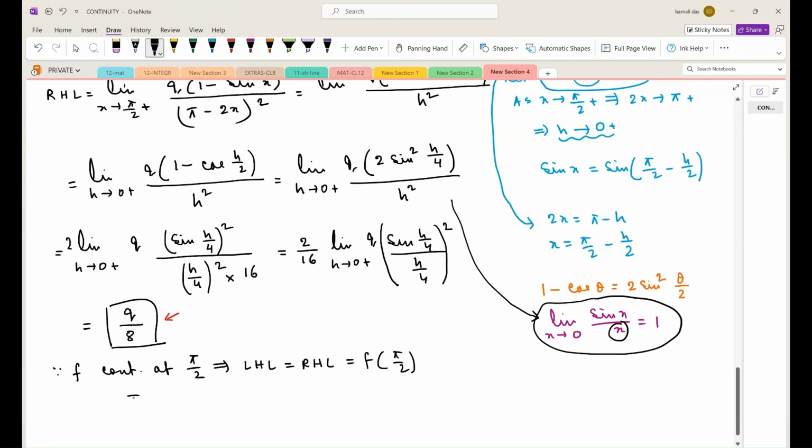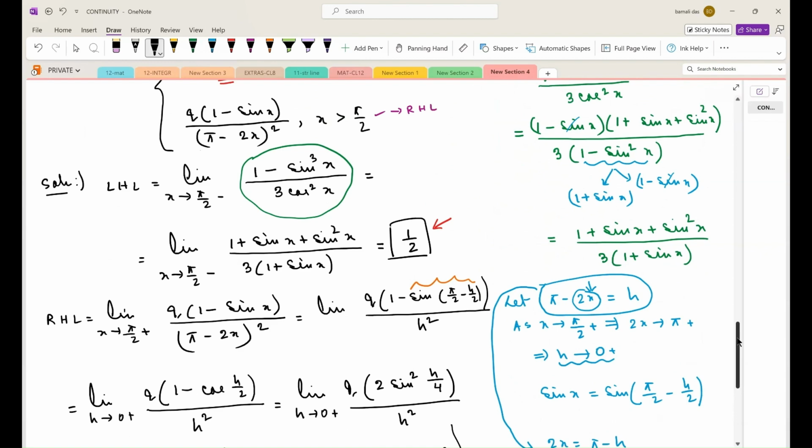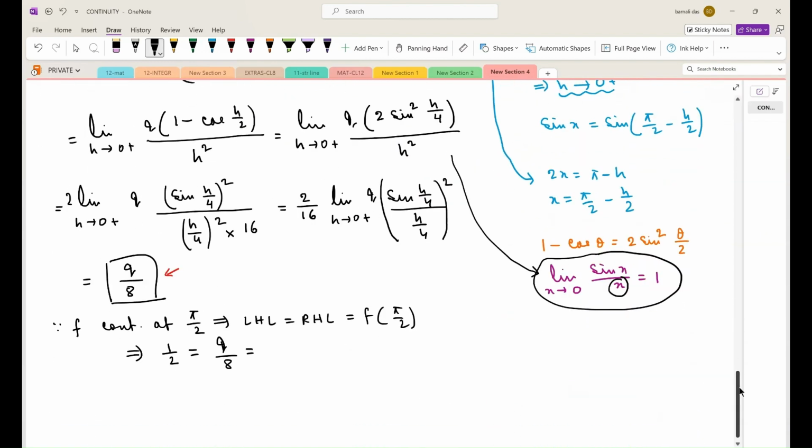So our left hand limit was half, right hand limit is q by 8, and functional value is given to be p. So from here you get p equal to half and q equal to 4.